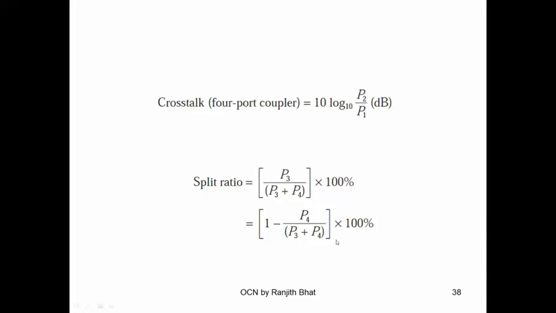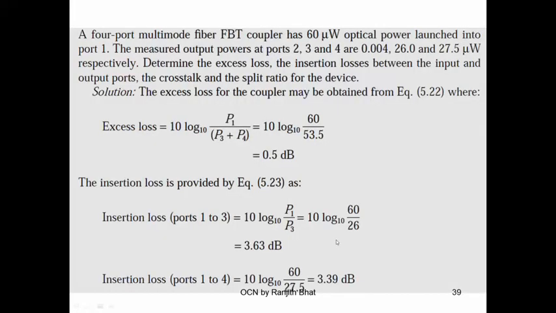All these formulas you need to remember. Very simple formulas. They will ask you a similar question like this: 60 microwatt optical power is launched, so input power is 60. P2, P3, P4 are given, and determine excess loss, insertion loss, crosstalk and split ratio. So substitute it here.